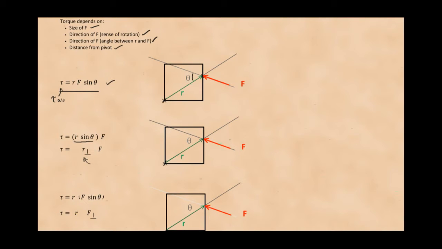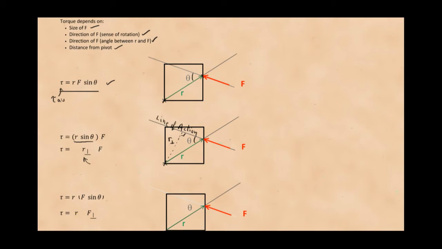If I look at R sine theta, what that means is the idea of finding the perpendicular distance from this line of action to the point about which I'm calculating torques. So you can see that r sine theta is just this perpendicular distance. So this is what we call r perpendicular. It's the perpendicular distance, or the shortest distance, from this point to this line, the line of action, which is the line that goes through the force vector.